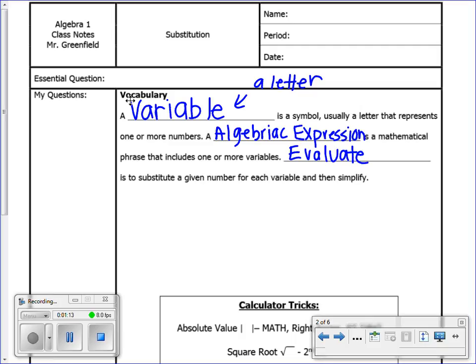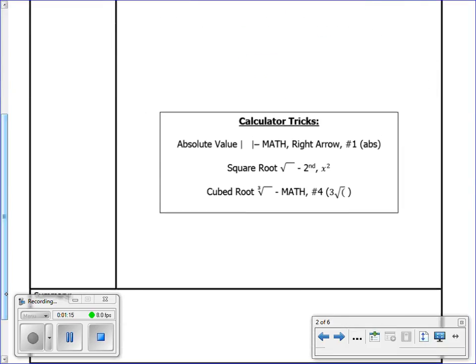So you can see that we have some calculator tricks here, and this is if you're using a TI-84. To get absolute value, you must hit Math, right arrow, and then number 1 will give you absolute value signs. Once you insert that, the absolute value will pop up on your calculator and you can continue to solve your problem.